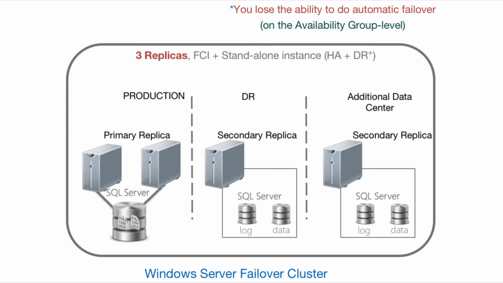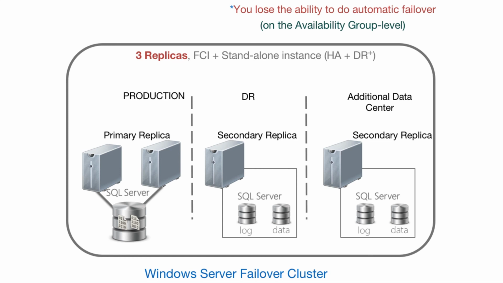Let's look at a more complex combination of the previous design pattern, where you have 3 replicas, where one is a failover clustered instance and the rest are all standalone instances. You might have observed that there is somehow a pattern that's common across all of the design patterns that we've looked at.